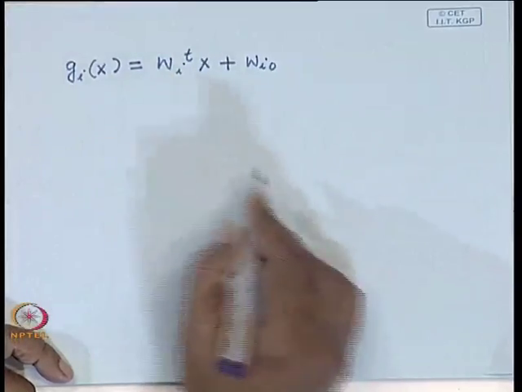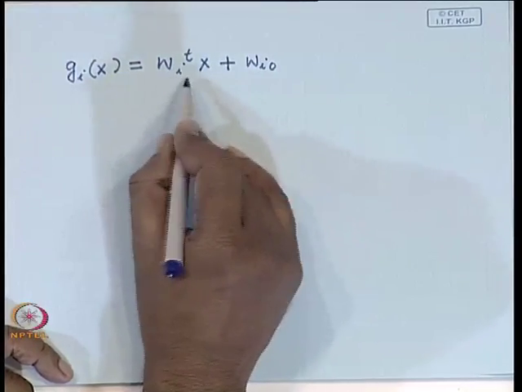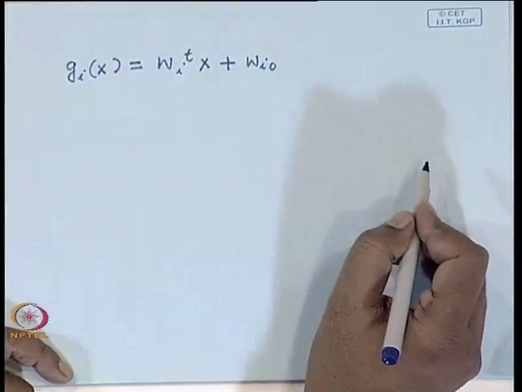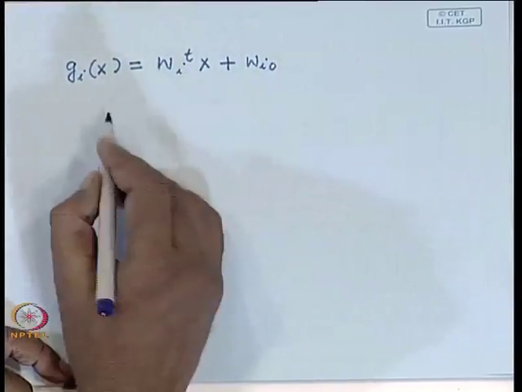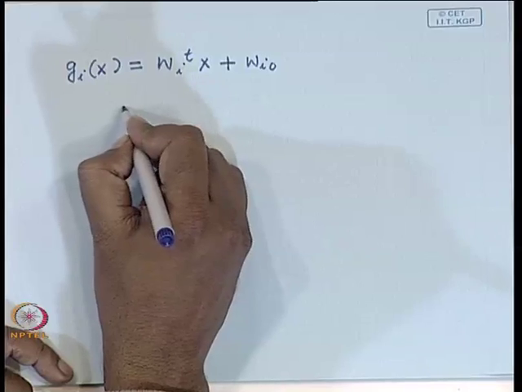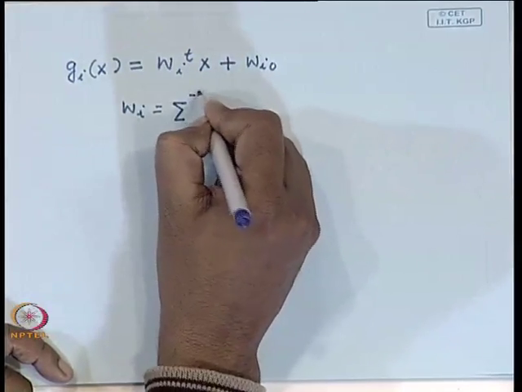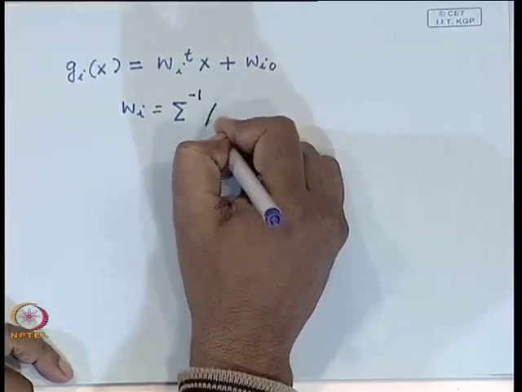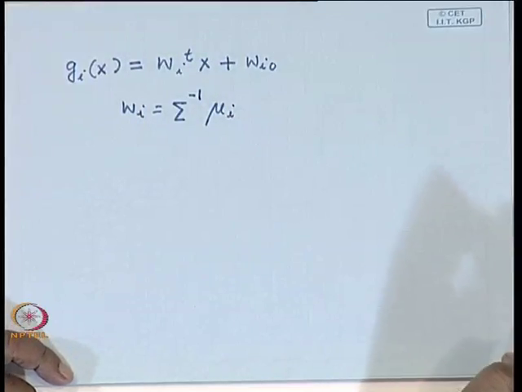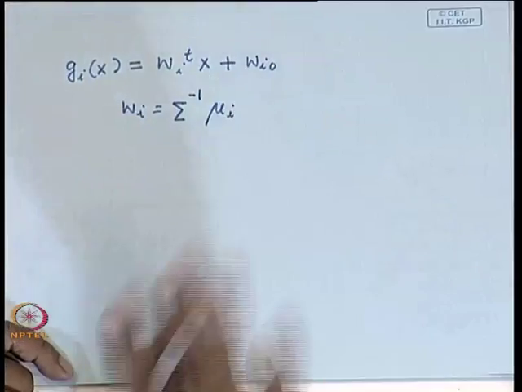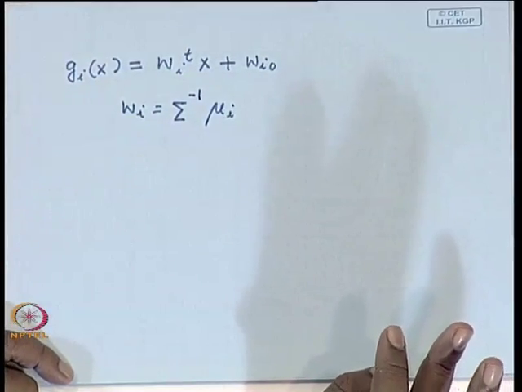In the earlier case, this w_i had a very simple form, that is 1 upon sigma squared into mu_i. Now this w_i will be of the form Sigma^-1 mu_i. Earlier this Sigma^-1 was replaced by 1 upon sigma squared in the first case.